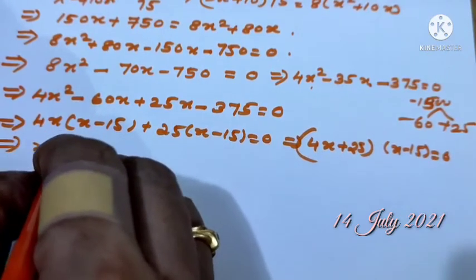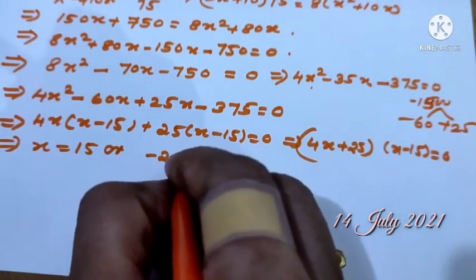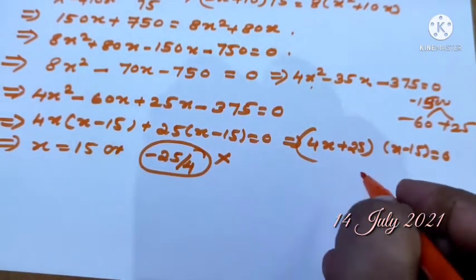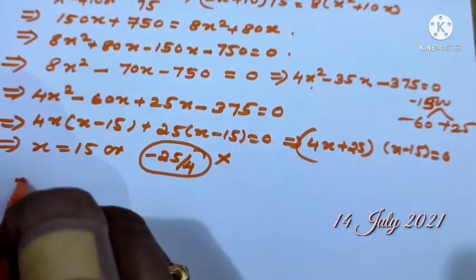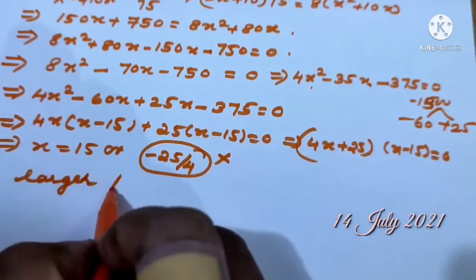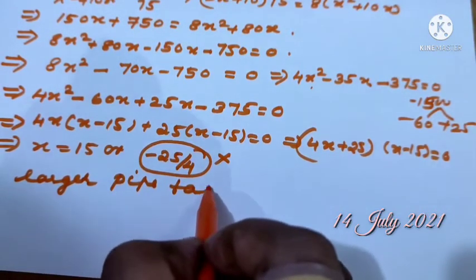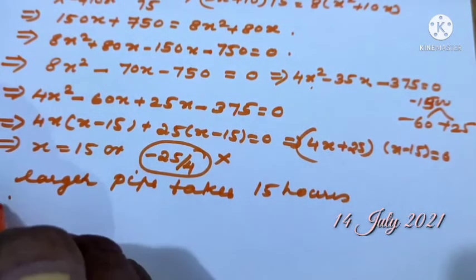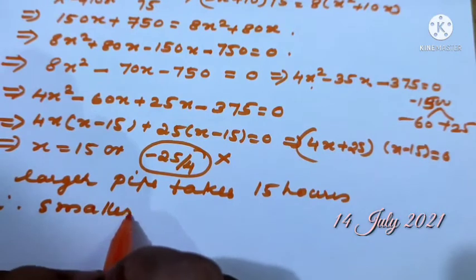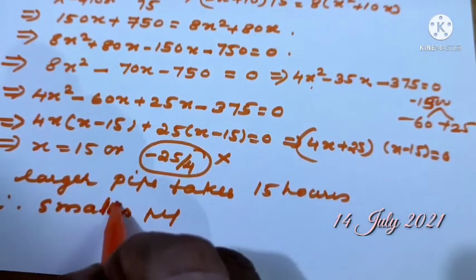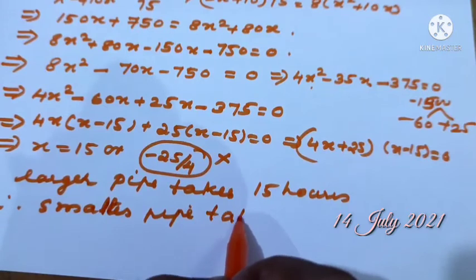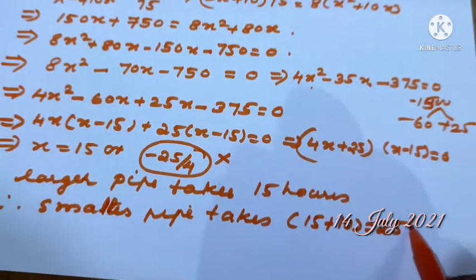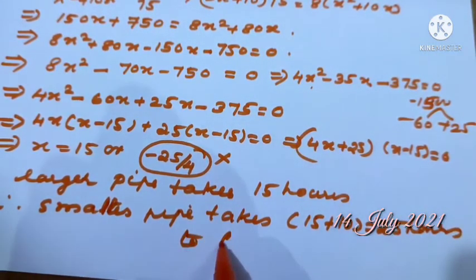So x equal to 15 or minus 25 by 4, which is cancelled, right? So the larger pipe takes 15 hours, therefore smaller pipe takes 15 plus 10 equal to 25 hours to fill the tank.